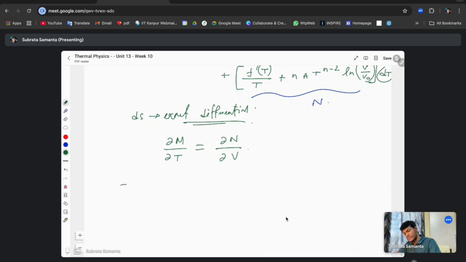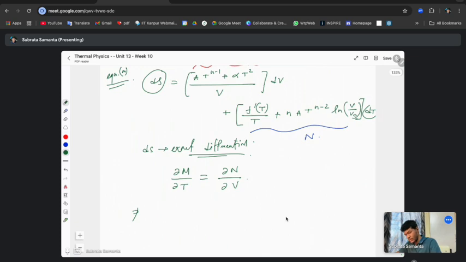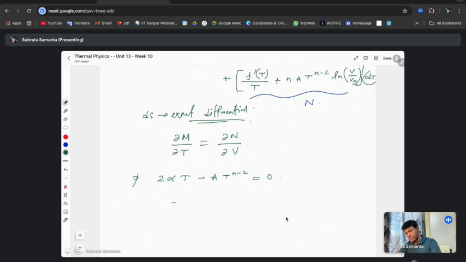So which gives, after simplifications, 2 alpha T minus A T to the power n minus 2 equals 0, right? Which implies that 2 alpha equals A T to the power n minus 3, right? So this is your equation.